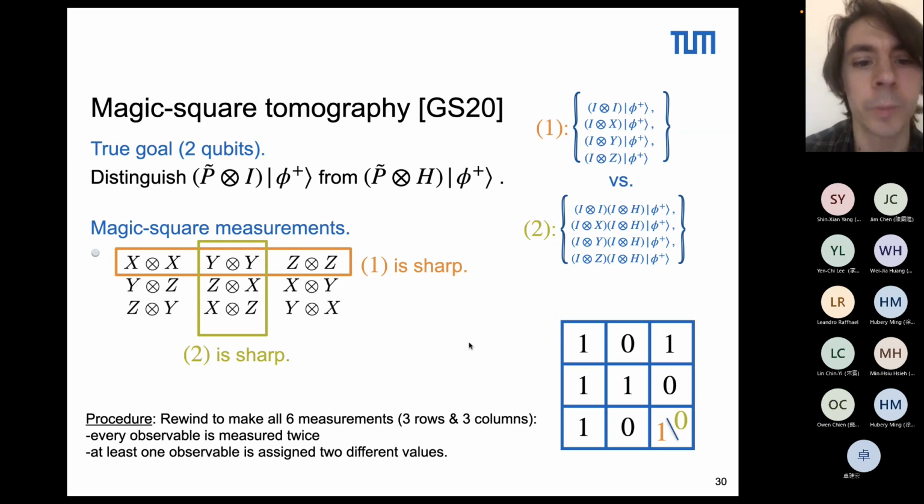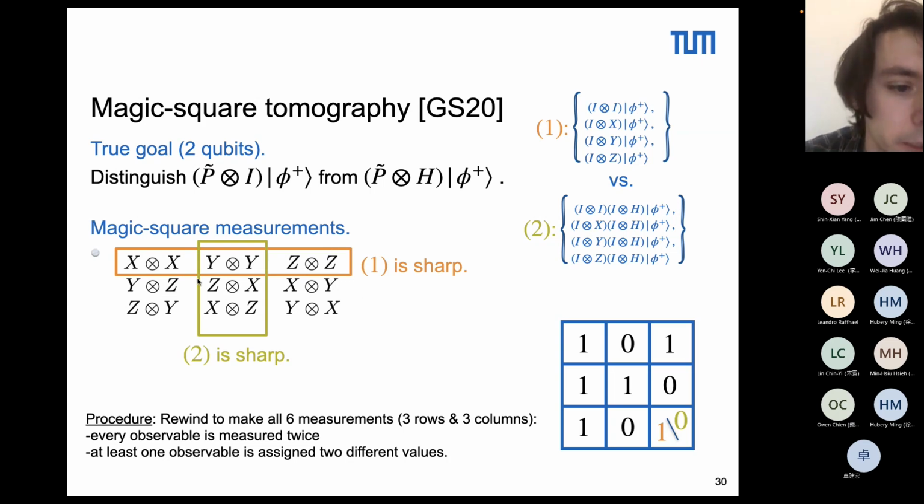So if we do our magic square measurements and we obtain different values for the row and the column in this square, we know that the state must have been from the second family, because it cannot have been from the first family, because only 1 value could have been taken here.